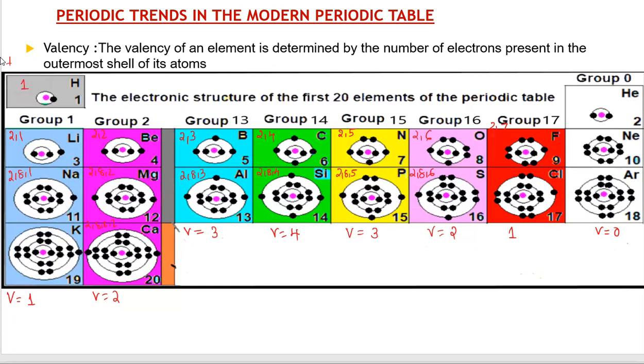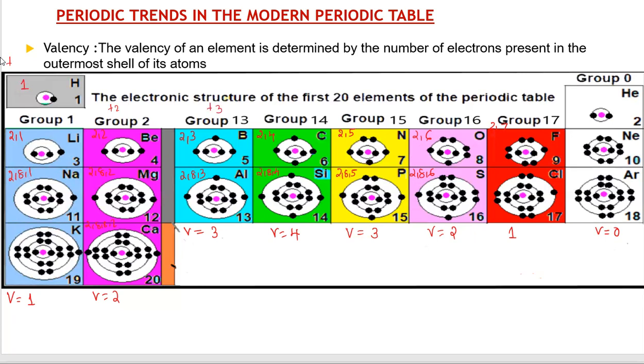Now here, they will lose 2 electrons. That is easy, instead of getting 6 electrons to get the octet. So they will give up the 2 electrons and become +2. Their valency is +2. Now here also, to get 8 electrons, it needs 5 more electrons. Losing 3 electrons is easier than getting 5 electrons, so its valency is +3.